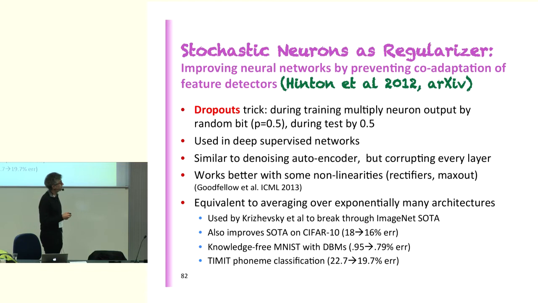And then at test time, you multiply all the weights by 0.5, just so that the expected value remains the same. So if you use a probability of flipping that's not 0.5, then you should adjust this accordingly, so that the expected value remains the same. So it's a very, very simple recipe.